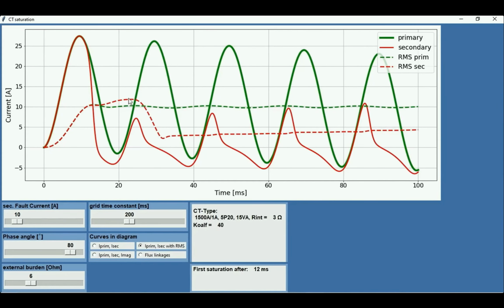And there are now two possibilities. Either you trip already here in the beginning. There we have enough current to trip with this 10 amps.